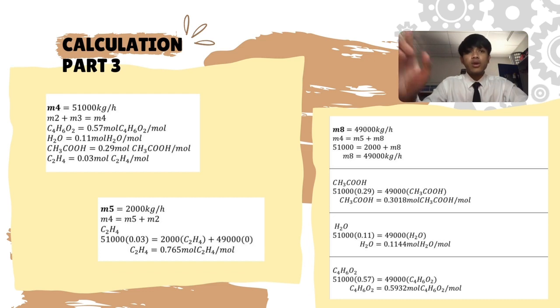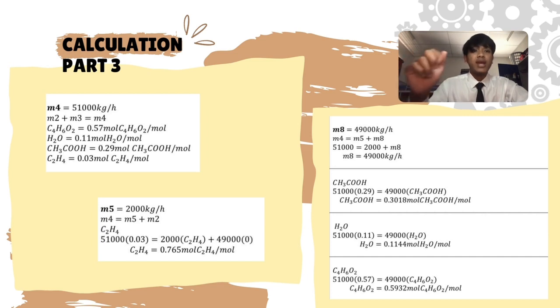Next, we will see how we calculate M8. From the formula, M4 equals M5 plus M8. M4 is 51,000, and we have calculated that M5 is 2000 kg per hour, plus the M8 that we want. So M8 is equal to 49,000 kg per hour. Next we look at how to calculate the fraction of each component in M8.